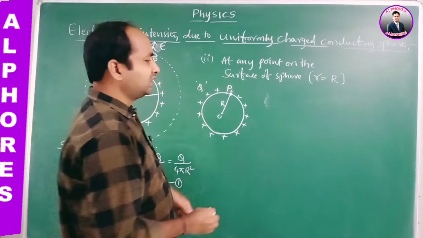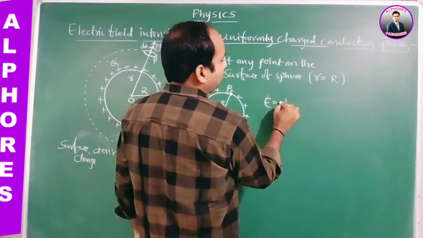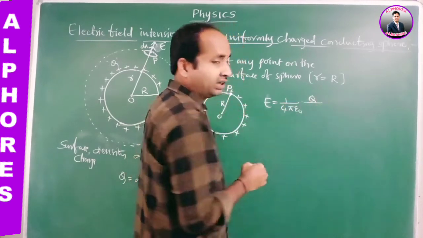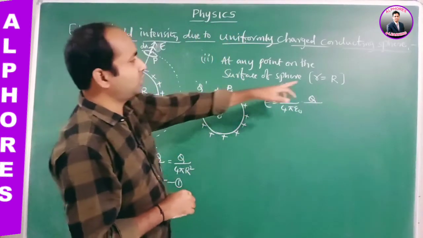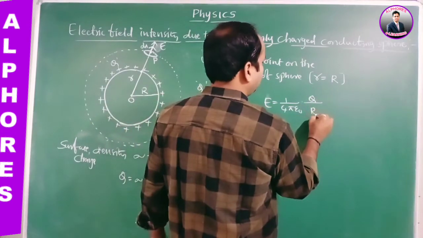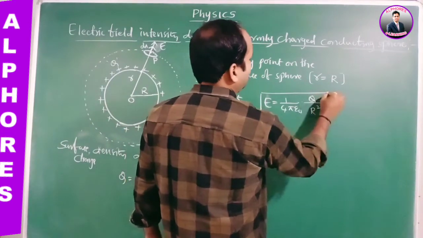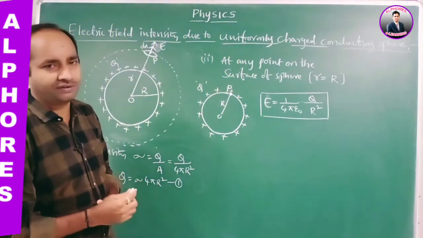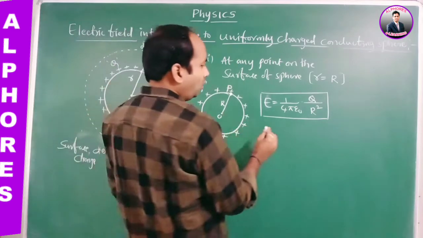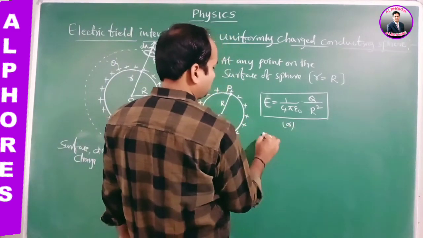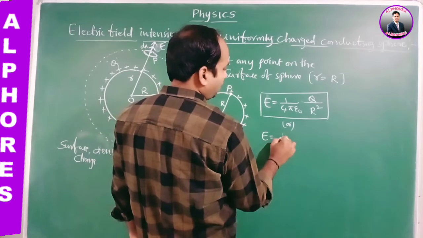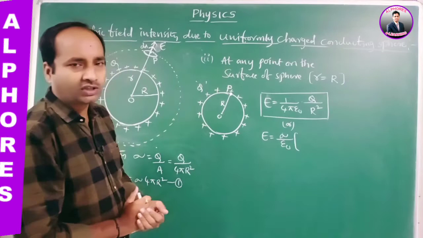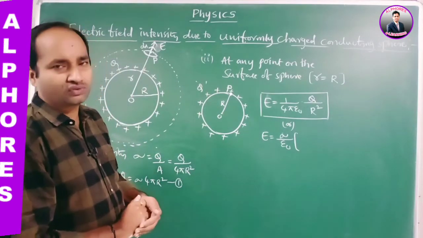At outside we got the expression E is equal to 1 by 4 pi epsilon naught, Q by small r square. But here small r is equal to capital R, so you should write capital R square. This is the expression for electric field intensity at any point on the surface. Or we have one more expression: E is equal to sigma by epsilon naught, capital R by small r whole square.